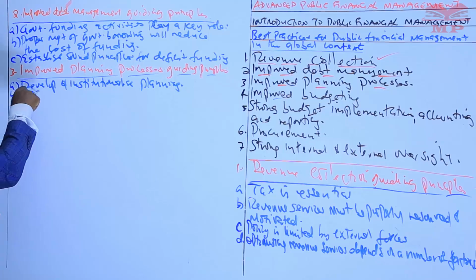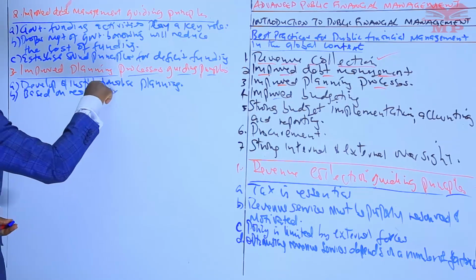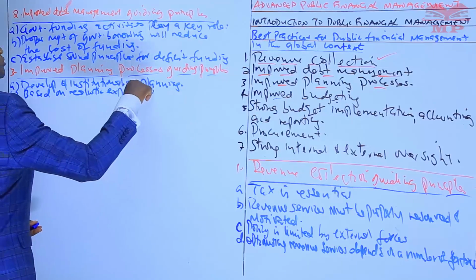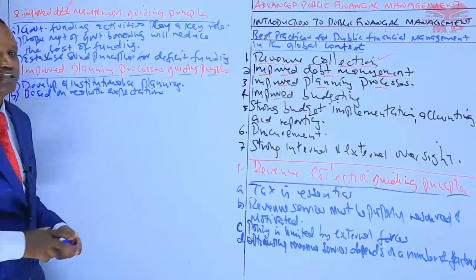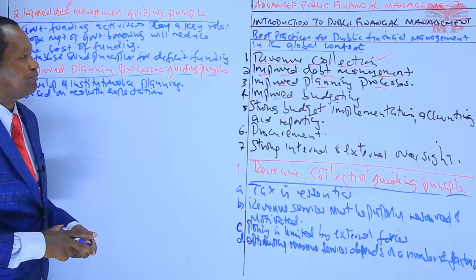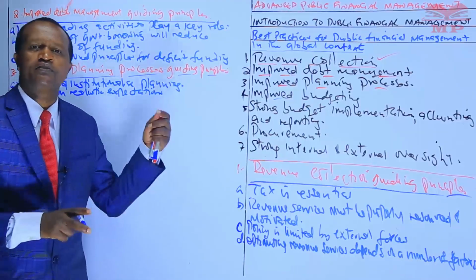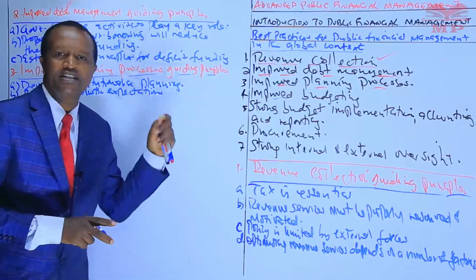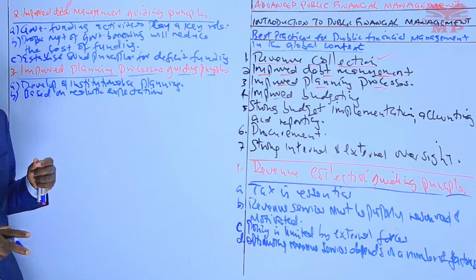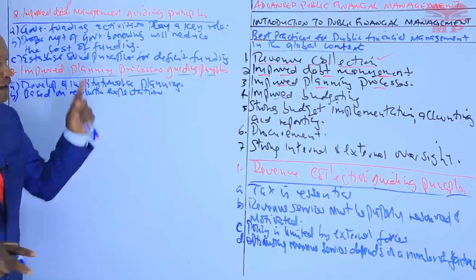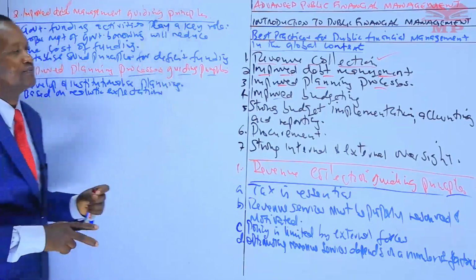When you are coming up with a budget, the budget has to be realistic. And when developing a budget, it's important to consider the availability of resources in future to finance the budget. That's a good best practice.